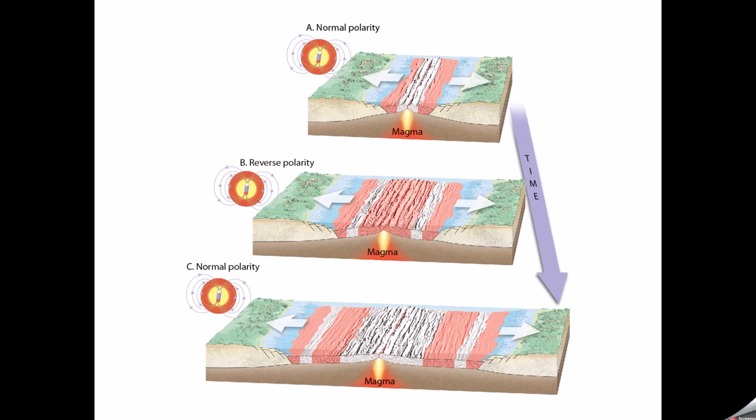So the normal polarity is when the magnetic direction is the same as today's magnetic field direction, and if it's not, we call it the reverse polarity.